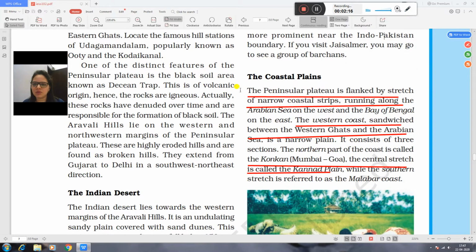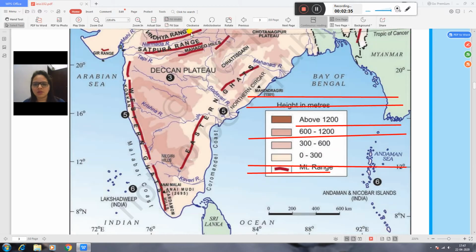Now the second one is the coastal plains. Coastal plain means the area which is near water bodies. The peninsula plateau is flanked by a stretch of narrow coastal strips running along the Arabian Sea on the west and the Bay of Bengal on the east. Here is the Arabian Sea, and here is the Bay of Bengal.